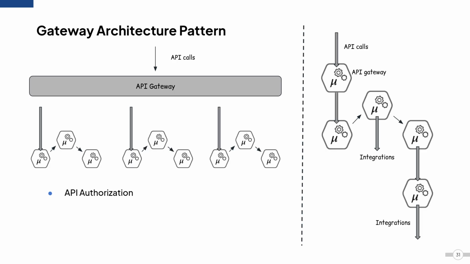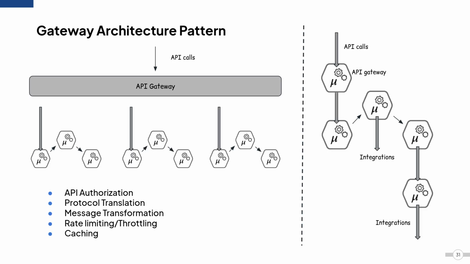And so these gateways could be doing API authorization, protocol translations, message transformations, rate limiting, throttling, caching, and so forth.